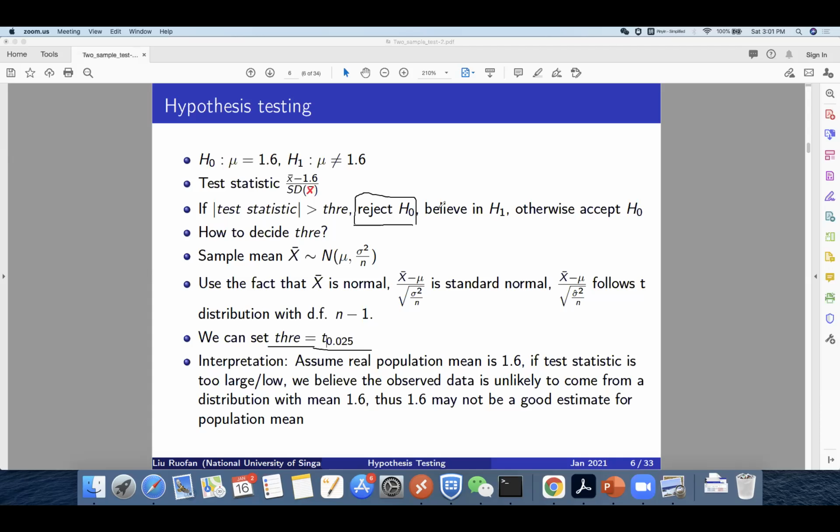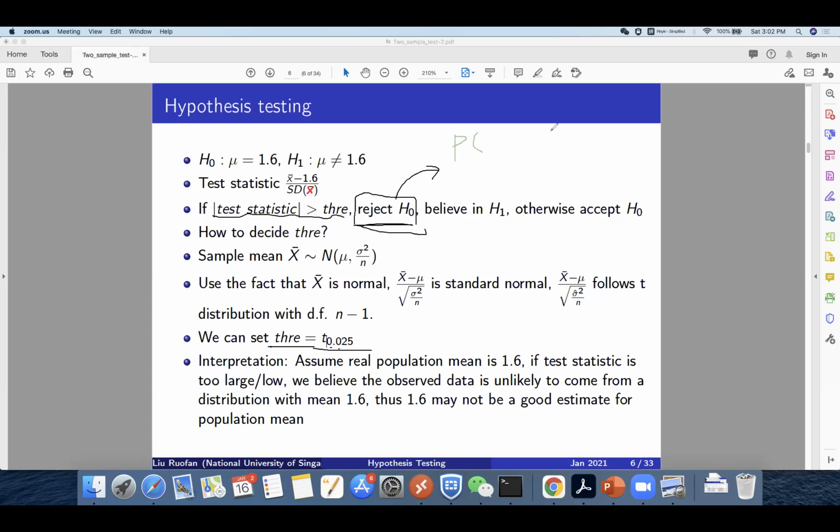So maybe Xiangling will have a try. When we set a threshold of t 0.025, if this value is larger than t 0.025, we can reject H0, right? And even if we reject H0, there's still a probability that it is not that reliable.